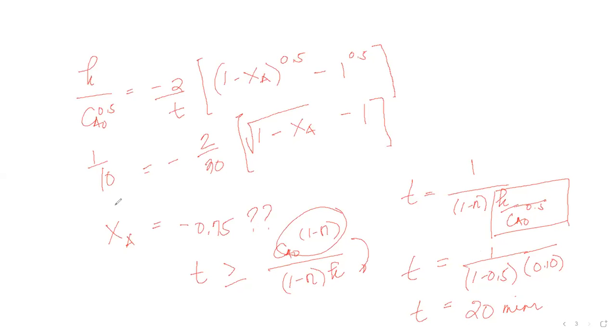So this particular answer is actually not valid because we did not do the checking. So it's important that you do the checking. So in this case, even though this is the answer that you got, you are still going to answer XA is equal to 1.0.